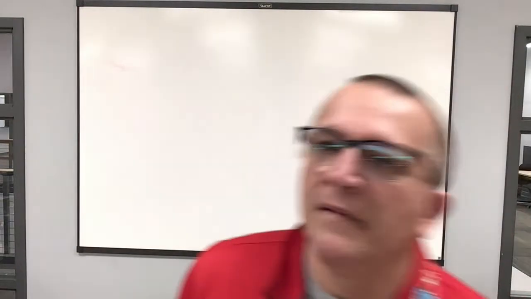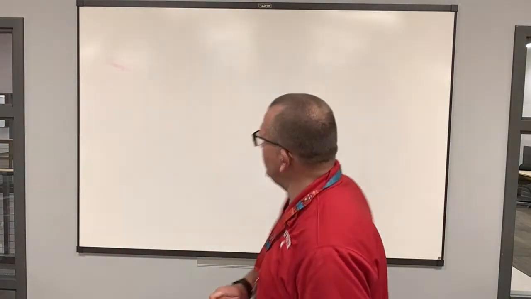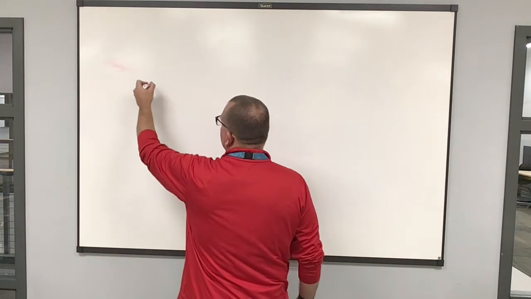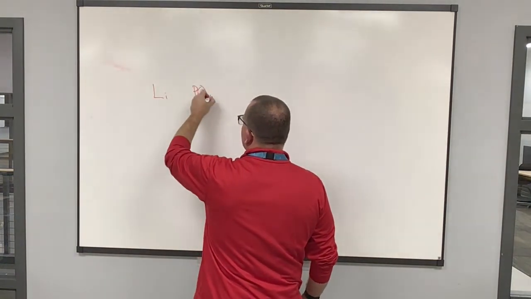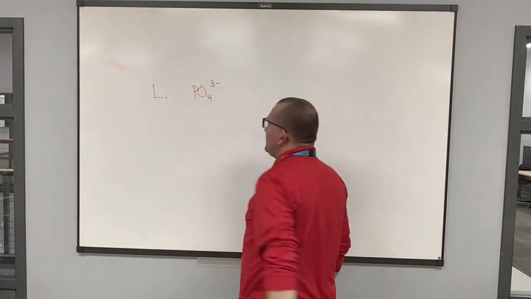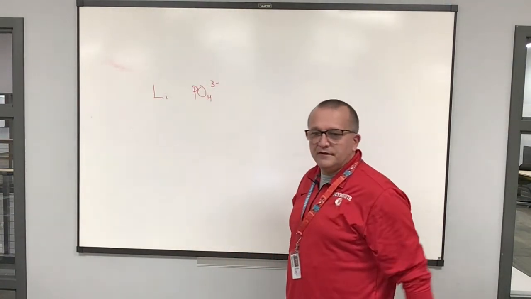All right. So we want to write number 7 on the Advanced Ionic Bonding page. We want to write formulas for the following ionic compounds, and they all contain polyatomic ions. So, A, lithium phosphate. Here's what I do: I look at lithium, which I know is Li, and phosphate, which is PO4 3 negative, and that's from the list at the top of the sheet.